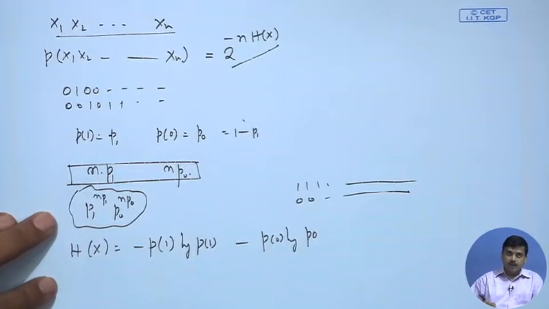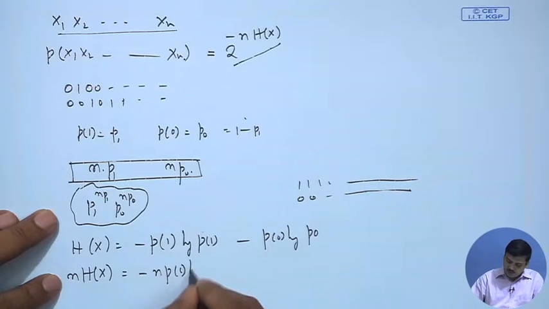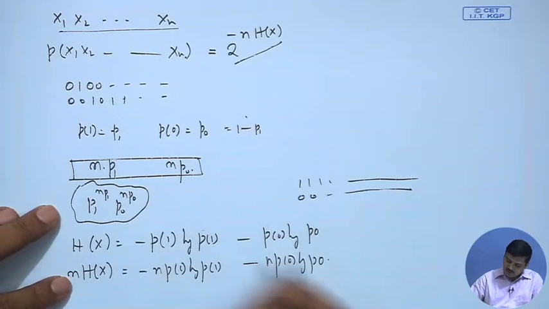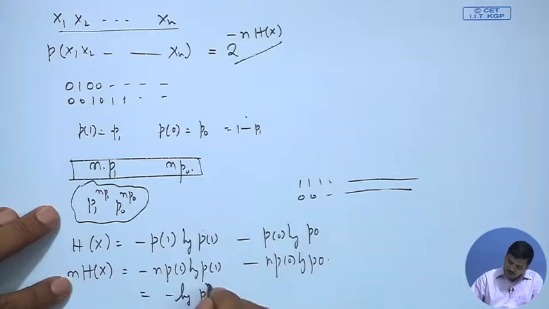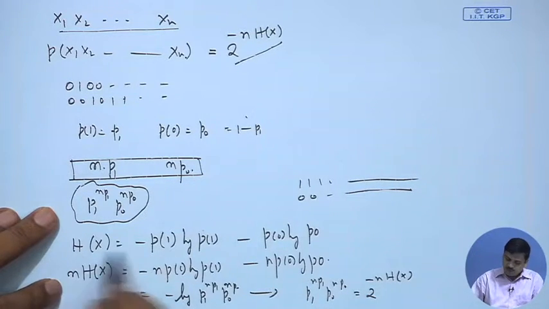And if there are n such symbols, we have nHx equal to minus n p1 log p1 minus n p0 log p0. Basically, this is minus log of p1 to the power of n p1 times p0 to the power of n p0, and this sequence probability is equal to 2 to the power of minus nHx. So I started with Hx.